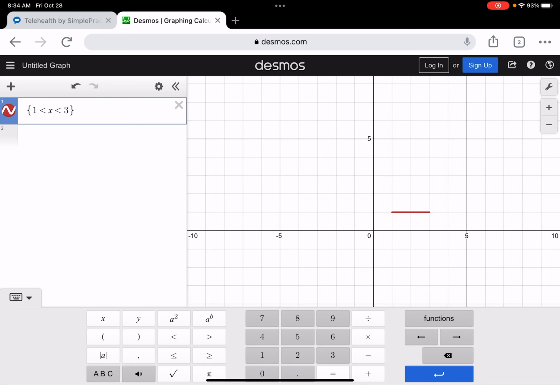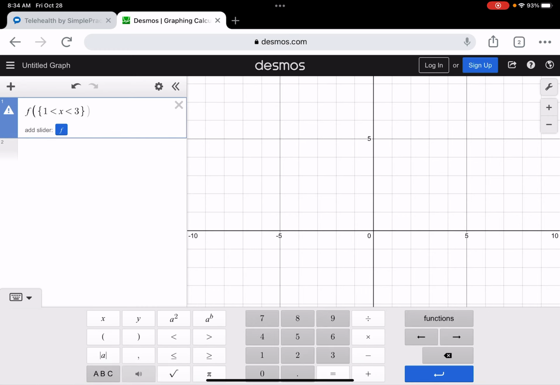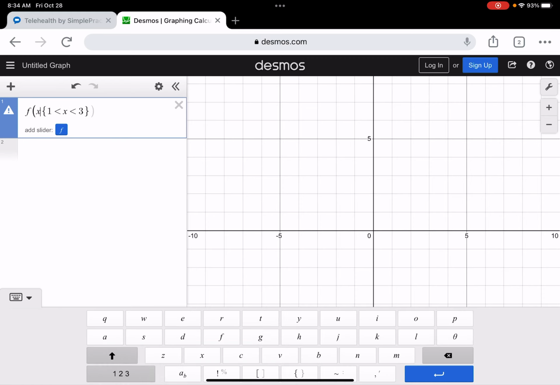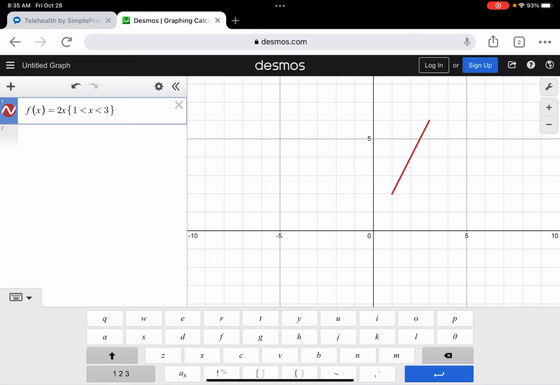So let's try, we'll do f of x is equal to, I don't know, I'm going to do 2x. My slope will be 2.